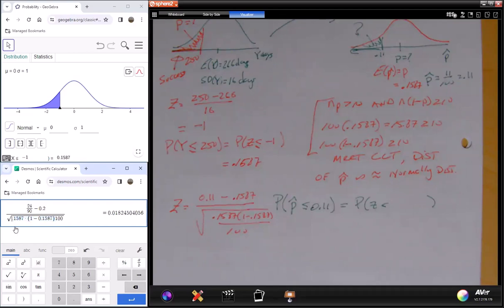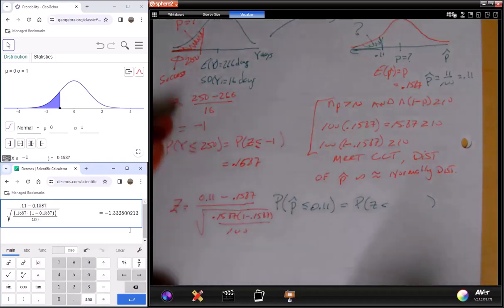Something I could do is just come over here and put big open parentheses and divide by, and then type 100. And there we go. Negative 1.3328.